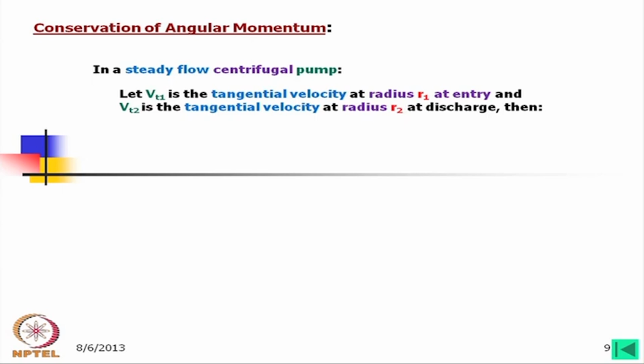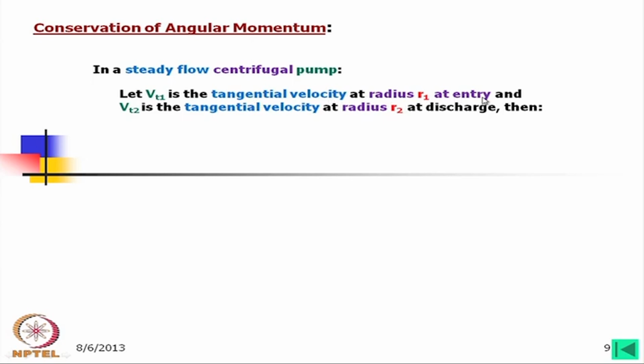Then this fluid mass gets momentum and it is discharged outside. In turn, it creates a suction pressure at the inlet. Anyway, let us consider it is pumping an incompressible fluid. In that case, let VT1 be the tangential velocity at radius r1 at entry.